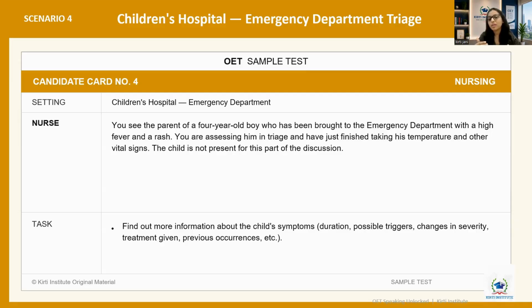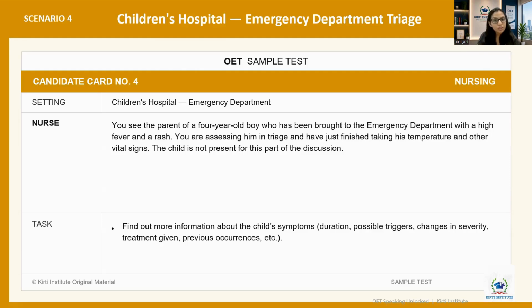You are assessing him in triage and have just finished taking his temperature and other vital signs. Now, when you read such information that you have just finished an examination, you have just taken the vital signs, we believe that the interview is in progress.